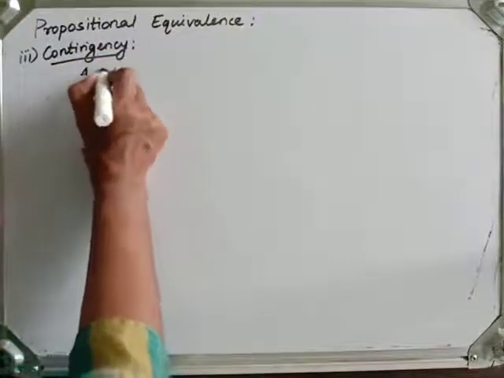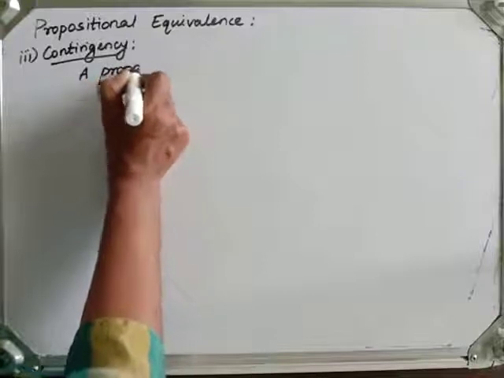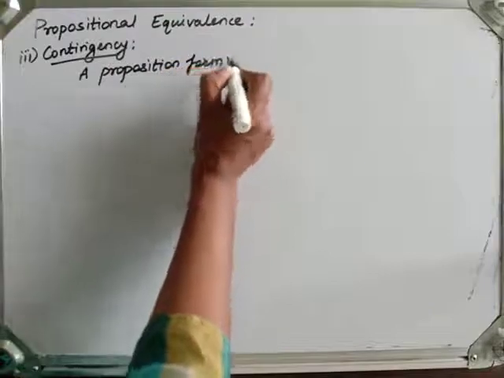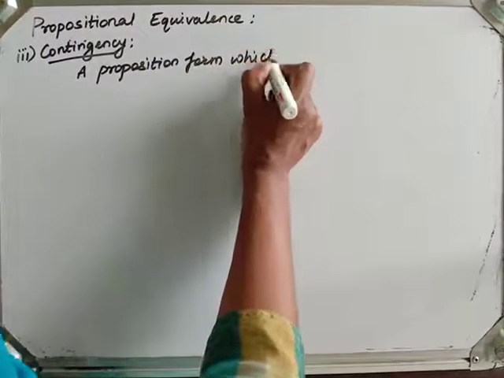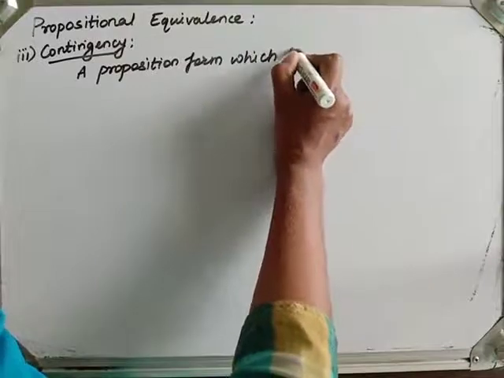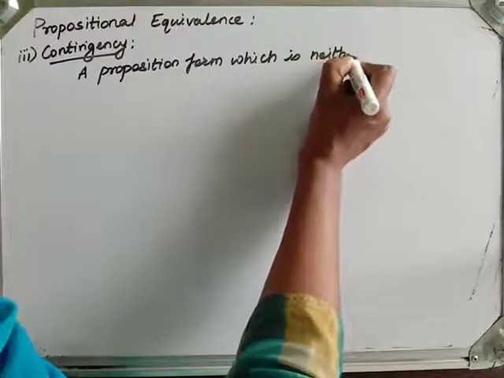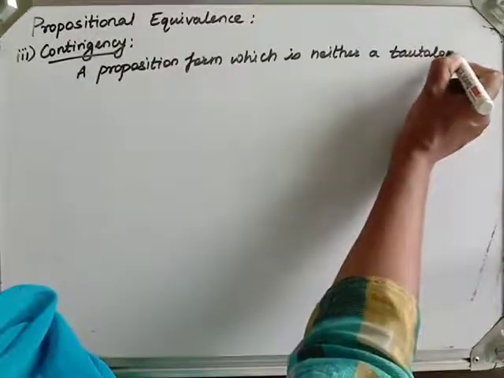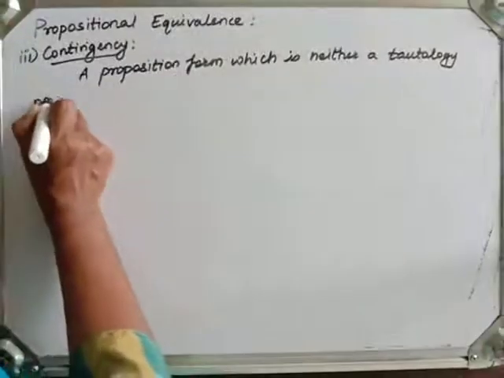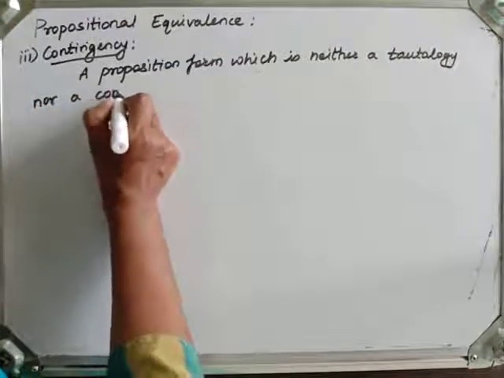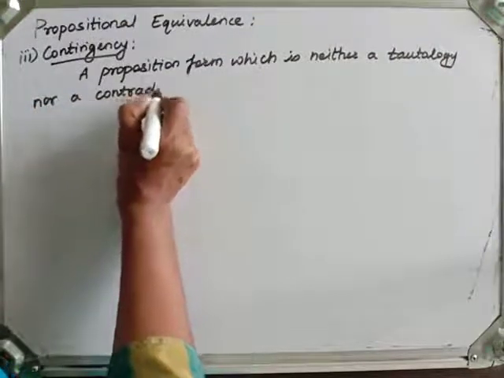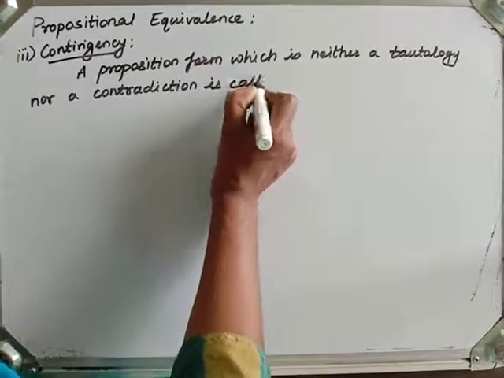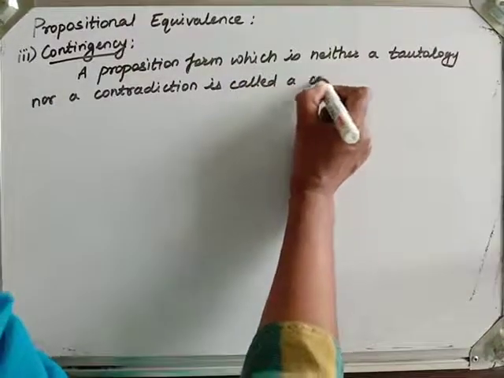It says that a propositional form which is neither a tautology nor a contradiction is called a contingency.